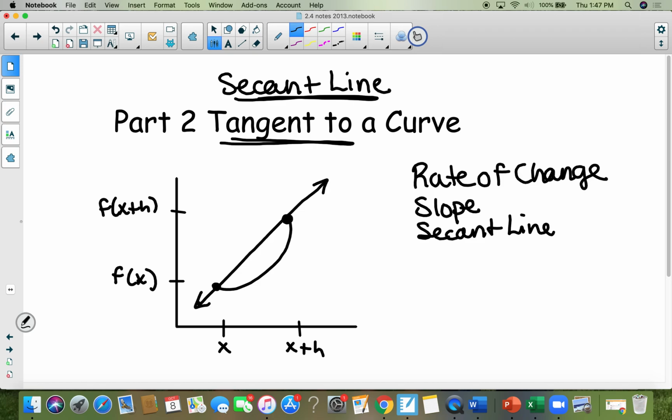So if I asked you to find the slope of that secant line, it looks like this. The second y is f of x plus h minus the first y, which is f of x. We're doing the exact same thing that we did on the last page, except instead of numbers, this is the formal formula for a derivative right now that you would see in any calculus book. These are your x values, the second one minus the first one.